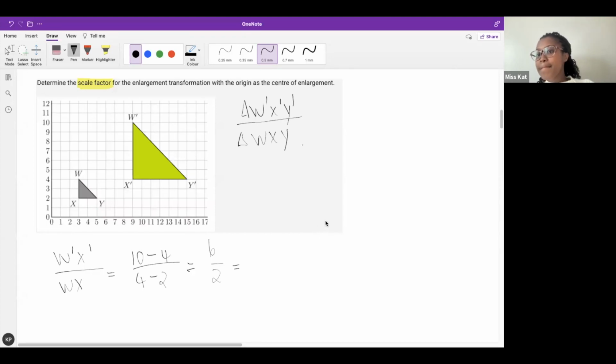Okay, Setabile. Ma'am, the method that I used, I also counted the blocks, and I realized that on this side it is 2 blocks, and here it's 6 blocks, and then you just divide and you get 3. Yes, that's fine also.